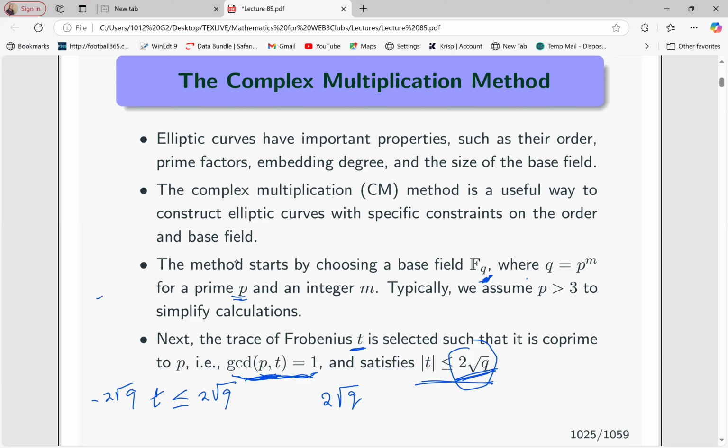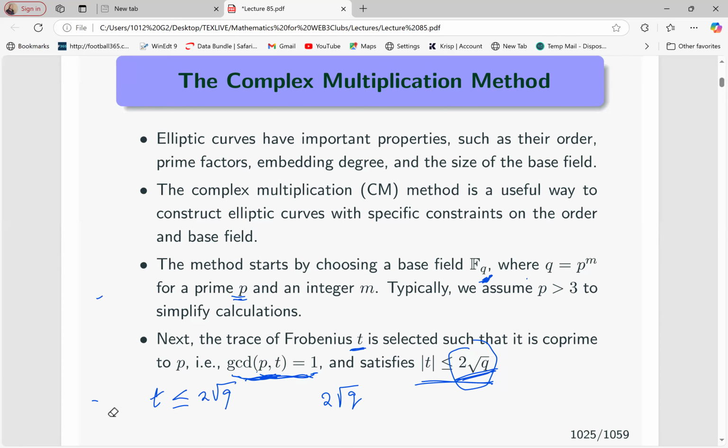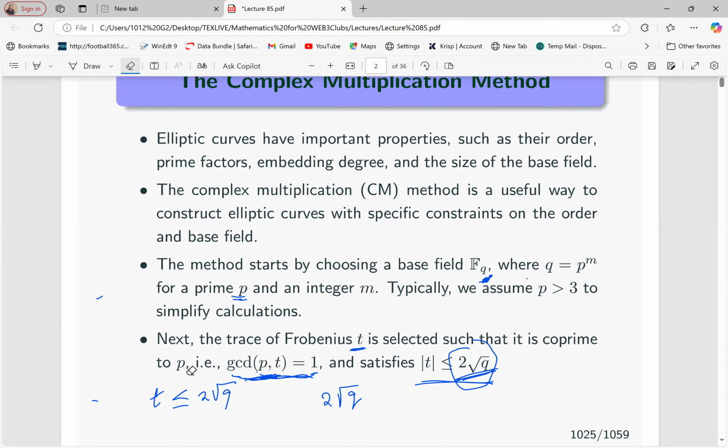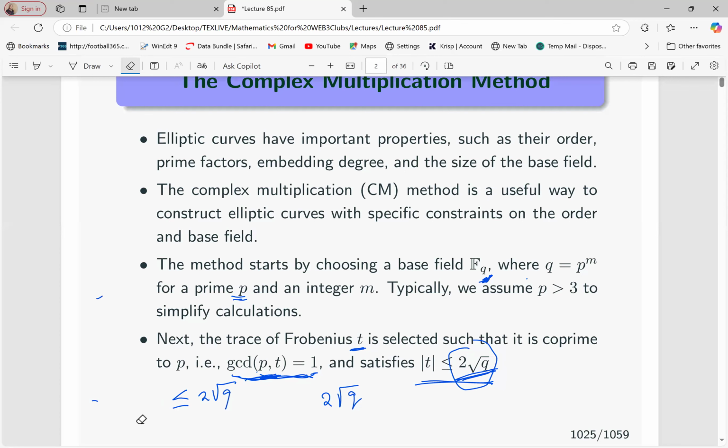So t should be less than or equal to. That's the condition, not greater. It can be less than this number, or it can be equal to that number. The maximum it can be is that number, but it cannot be greater than this. That is a condition.